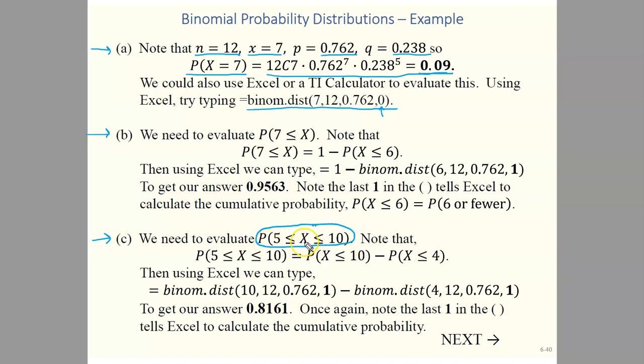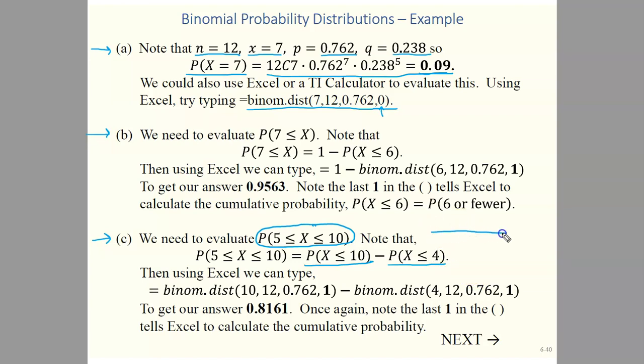All right, the probability that X is greater than or equal to 5, less than or equal to 10. Now to do this using Excel, we're going to have to break it up like this. Notice that the probability that X is between 5 and 10 is going to be the probability that X is less than or equal to 10 minus the probability that X is less than or equal to 4.